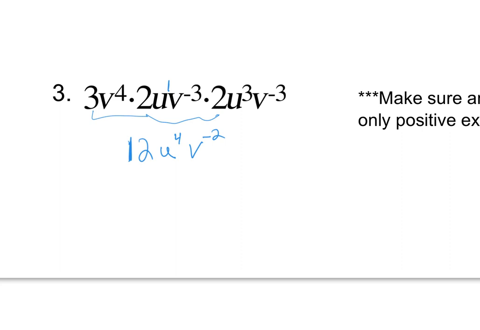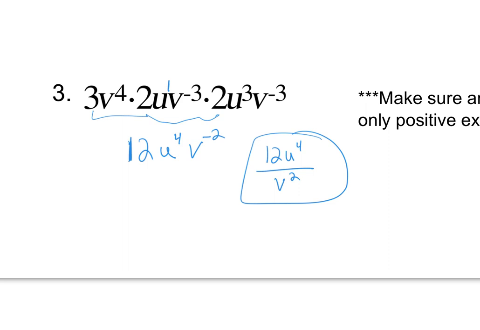Can't have negative exponents, so what do I do to make it positive? Put it to a fraction, or I can just drop it down to the denominator. That's your solution. And you're done. Okay.